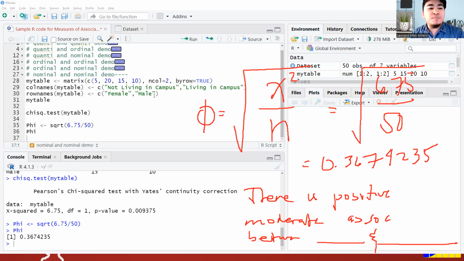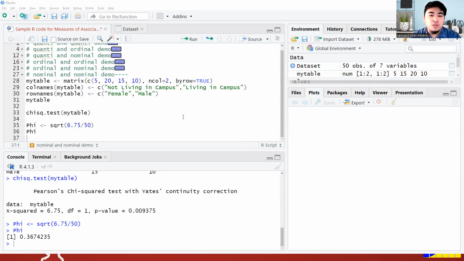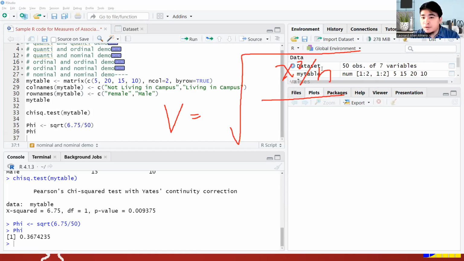And ang last po dito ay yung Cramer's V. Pero yung phi po ay actually special case lang ng Cramer's V. Naka-record naman po ito, no? So mababalikan po ninyo in case kailangan niyo yung formula. Ang Cramer's V naman po ay square root ng chi-square over n divided by maximum ng r minus 1 at c minus 1.